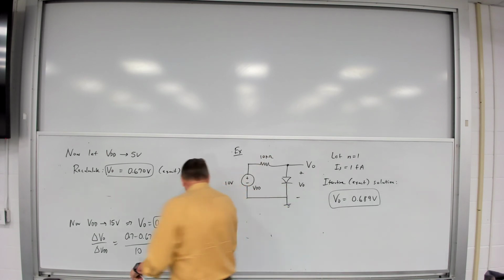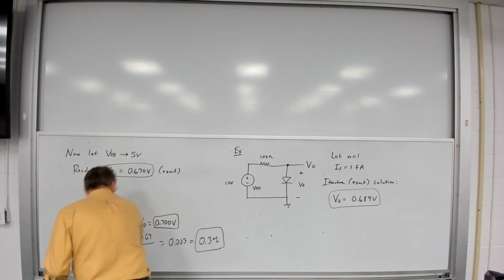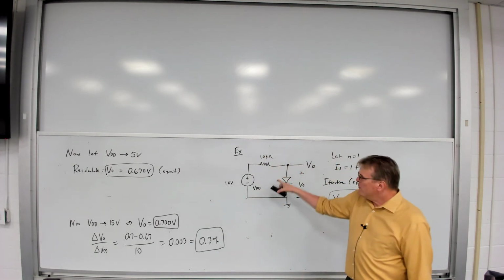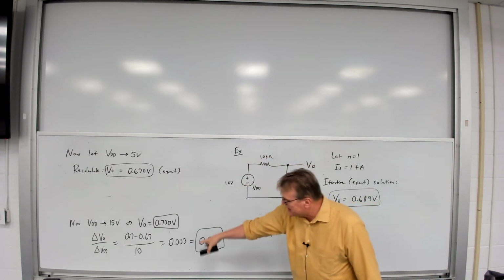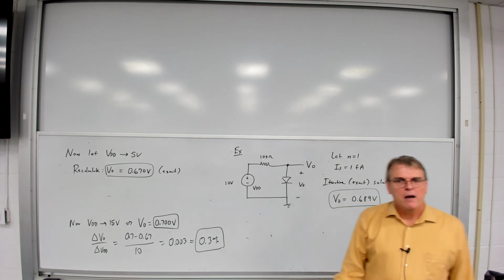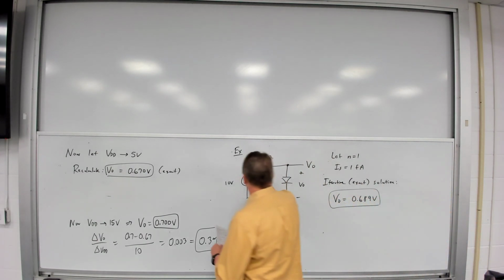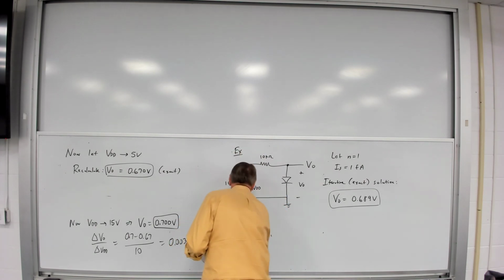Now let's calculate this in a different way. Let's go back to this original circuit. And I'm going to calculate this not by using these exact DC values, but by treating this as a small signal AC circuit. What I'm going to do is this.